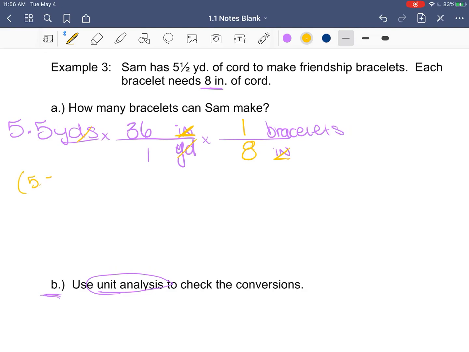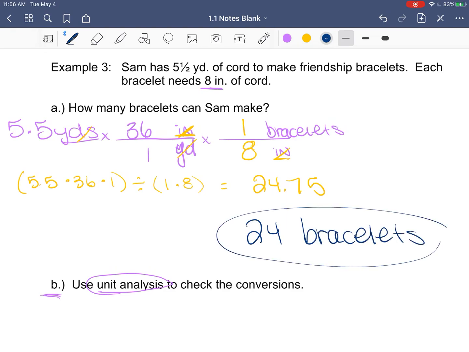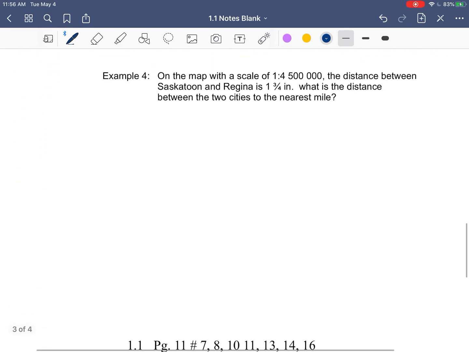So in my calculator, I'm going to have 5.5 times 36 times 1 divided by 1 times 8, which is 24.75. So how many bracelets can they actually make? You can make 24 bracelets. You don't have quite enough to make 25. So that's our unit analysis.